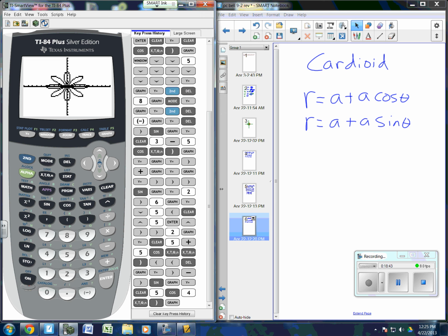So if you put a 5 in, it's actually going to give you 10 petals, but it looks like 5 because it retraces half of them. So you got to remember that rule for the test. Hint, hint. You might want to write something down about that.